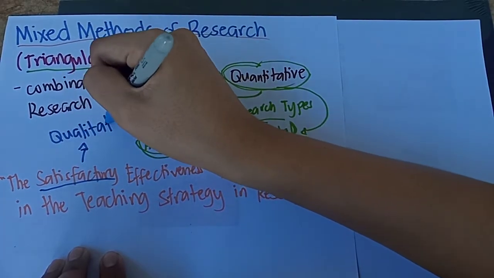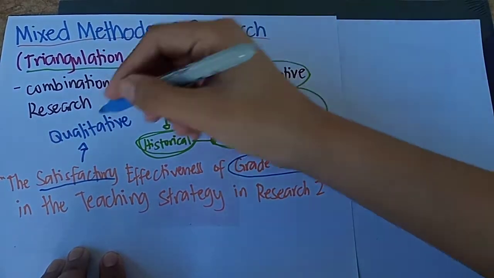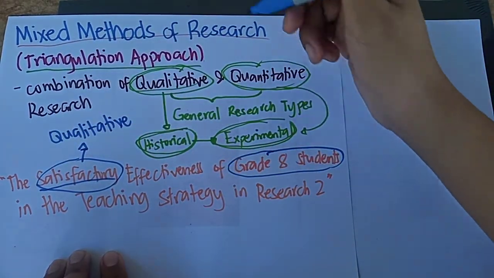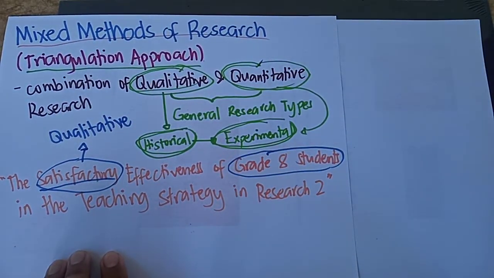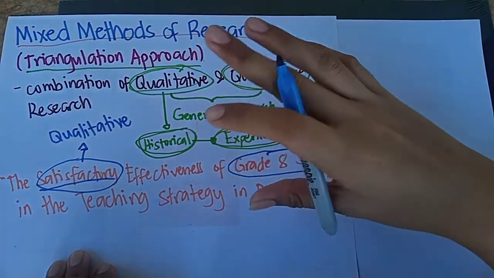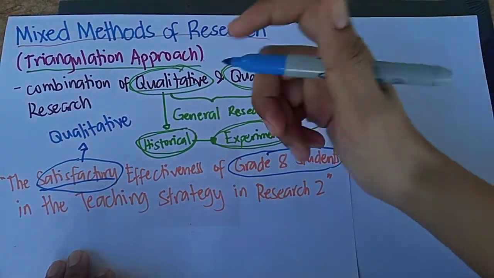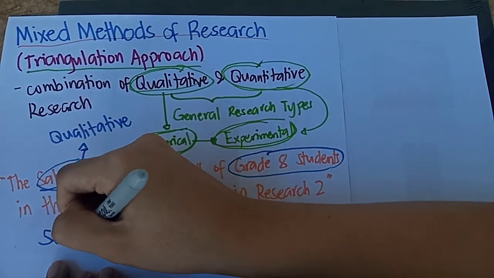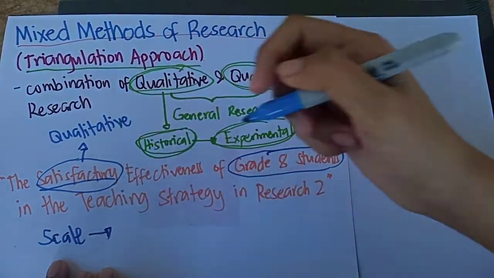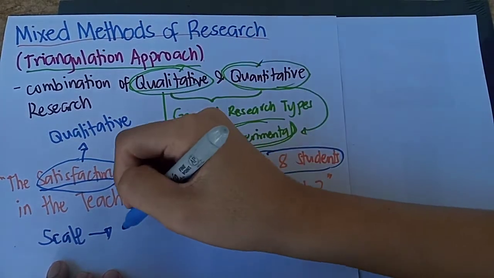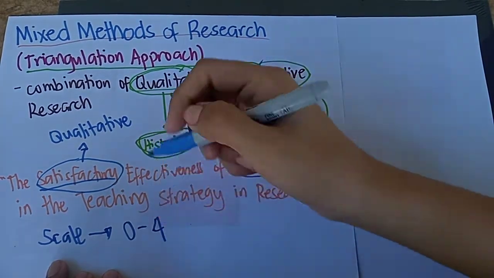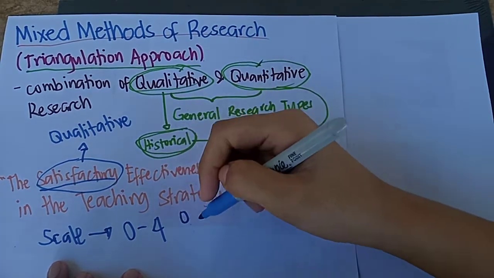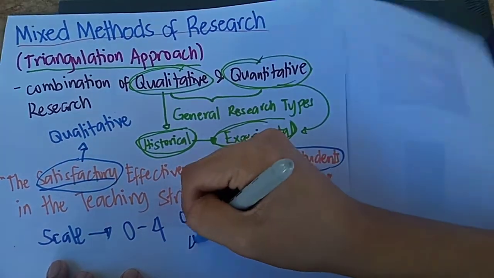Why? Because you cannot measure satisfactory levels. But with the aid of quantitative research, you can measure it by using what? You can use a scale. And that scale can range from 0 to 4 with different descriptions, 0 being the lowest and 4 being the highest.